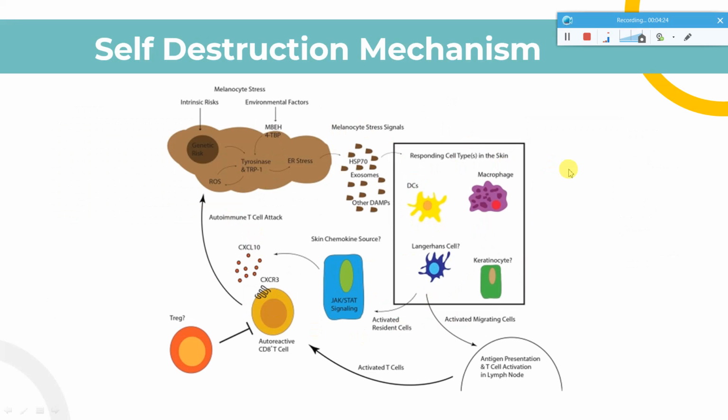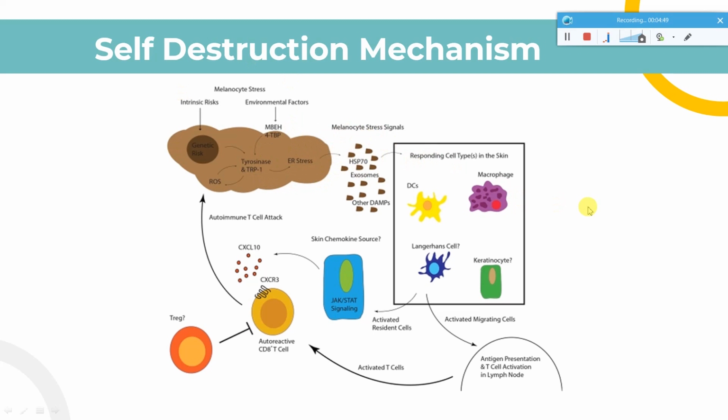This mechanism of autoimmune disorder can happen because of a lot of environmental factors. It might be because of continuous work in some occupation where you are continuously exposed to some chemical, which leads to a lot of stress. These melanocytes will undergo a lot of stress, and the stress signals will be in the body.